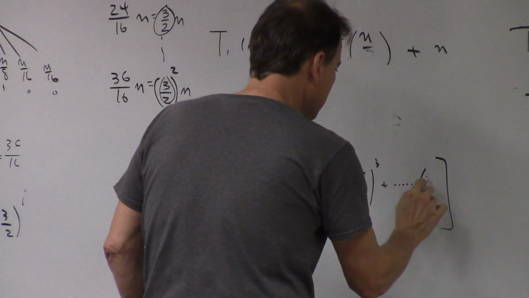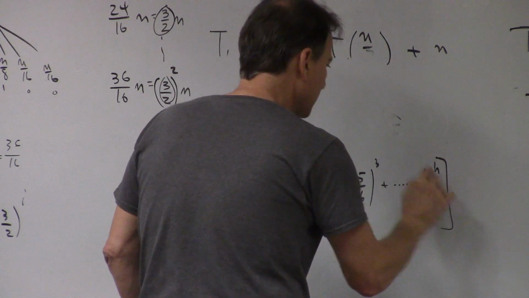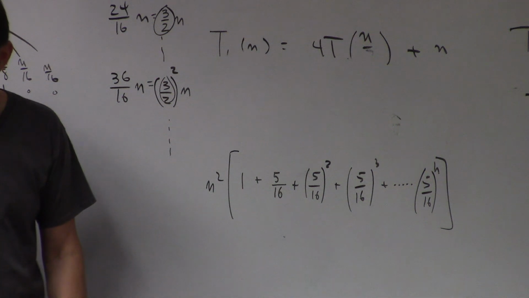So we'll say 5 over 16 to the power of h. And again, what is h? Some arbitrary depth.